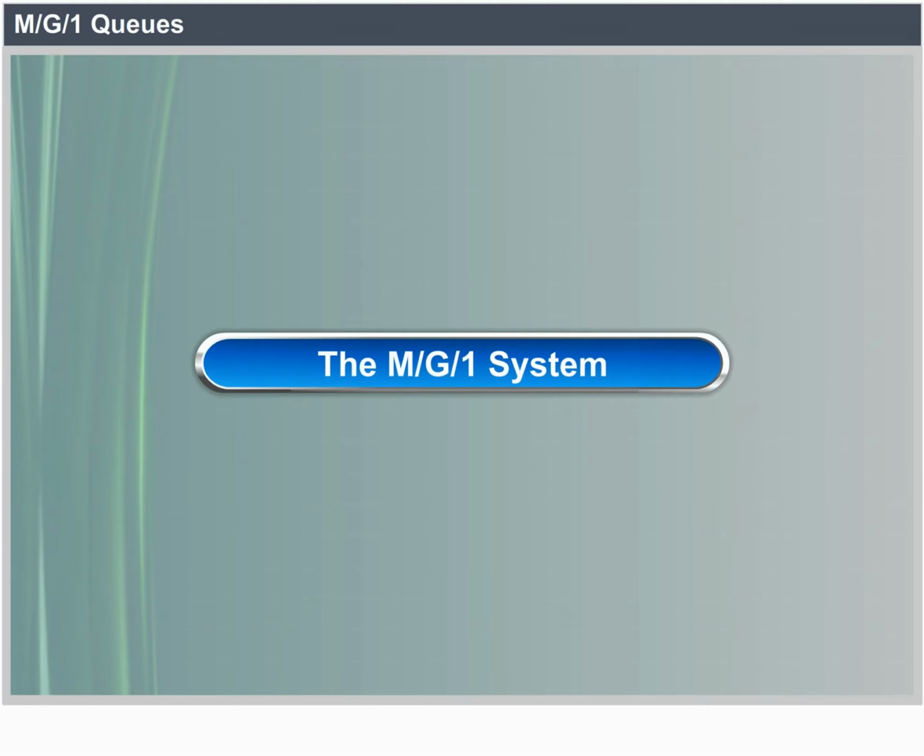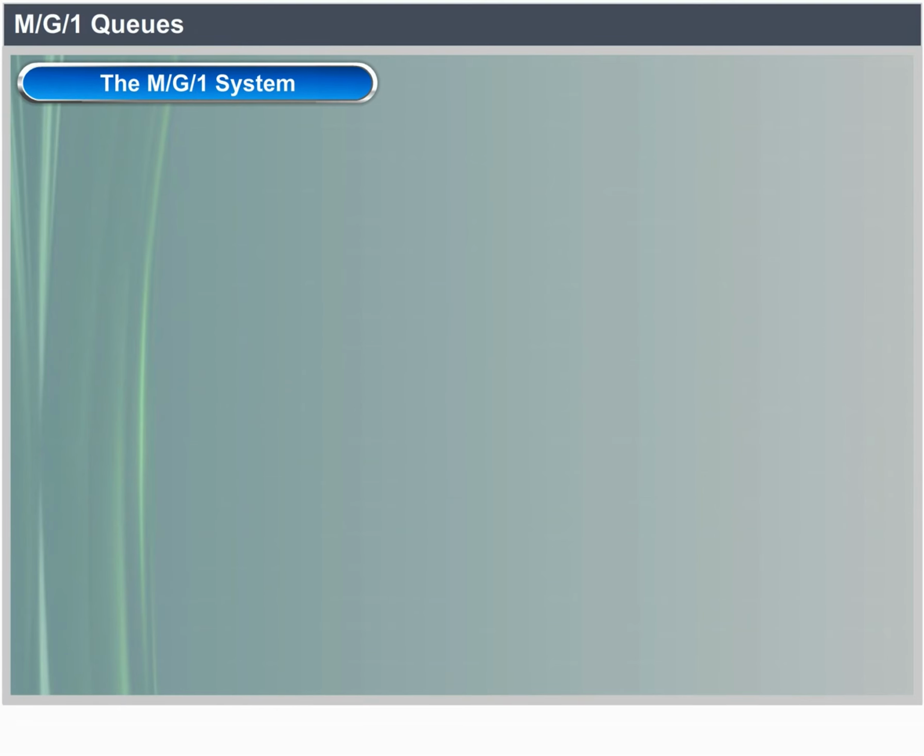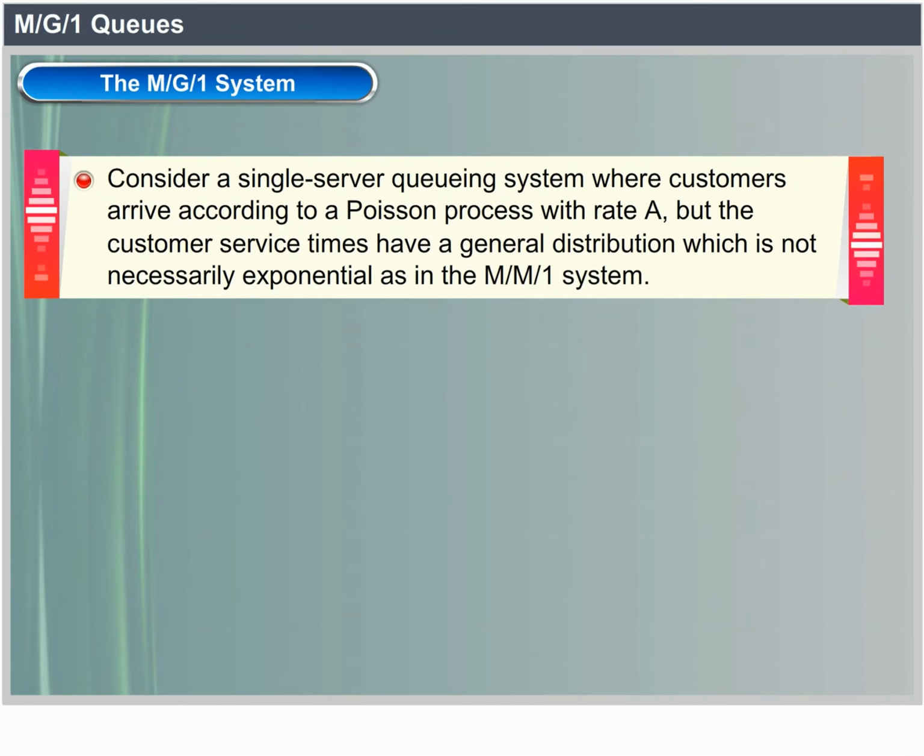M/G/1 queues. The M/G/1 system. Consider a single server queuing system where customers arrive according to a Poisson process with rate lambda, but the customer service times have a general distribution, not necessarily exponential, as in the M/M/1 system.